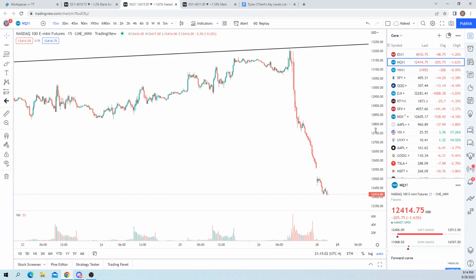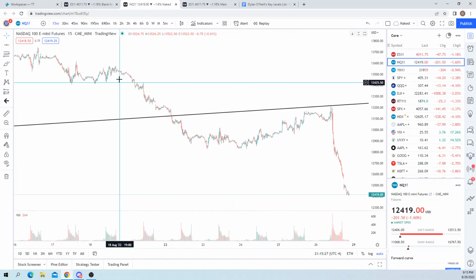So having double confirmation with ES in 4,200 and NASDAQ at this trend line was a double duo. And this trend line was posted, I believe, at least 3 or 4 times in the Discord. I posted pictures of it going back to a month or 2 ago.